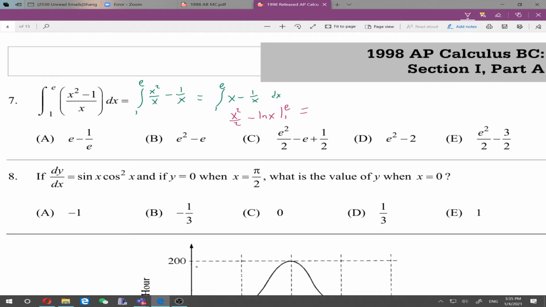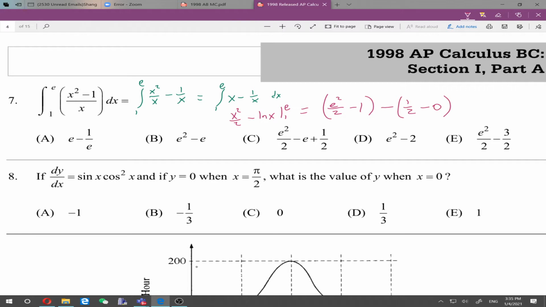So I'm going to plug in upper bound first. This will become what? E squared over 2 minus the natural log of e, which is 1. Perfect. Okay, minus 1 squared over 2 minus ln 1, which is 0.